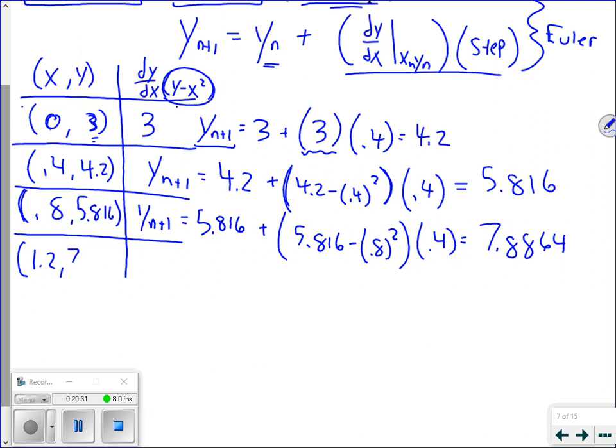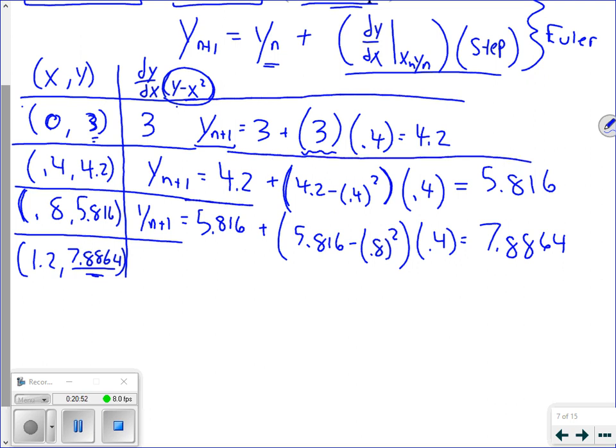So I went up 4 steps, or 4 points, I should say, to estimate this point to be 7.8864. So I'm using Euler's method, and I approximate 1.2 to be 7.8864. And please try to keep it in a chart, nice and organized, because if this is a free response, this is a very well organized plot of work here to help you solve your equation. Okay. All right, let's do one more.